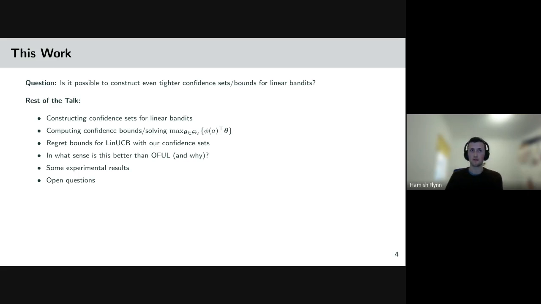After that, I'll talk about the regret bounds that we can prove for LinUCB when we use our new confidence sets. Then I'll compare our confidence sets to the OFUL confidence sets and offer one explanation for why we get something a little bit better. Then after that, I'll present some experimental results. The main purpose of these experiments is to check whether the smaller confidence sets actually make a noticeable difference to LinUCB. And then finally, I'll talk about some open questions.